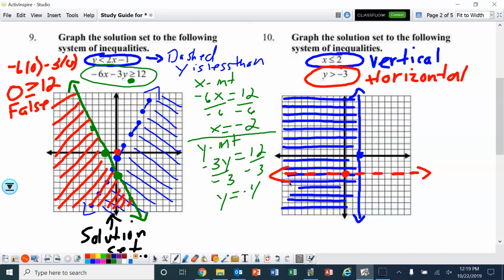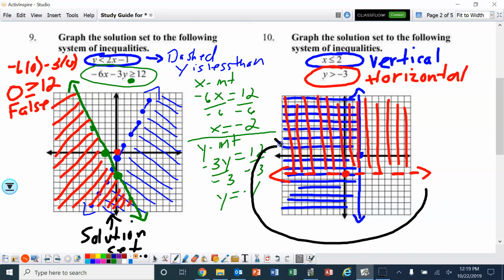And it's going to shade above, so I'm going to shade above that red line. And that means that the overlapping part, this part right here, is the solution set. All right, let's keep going.